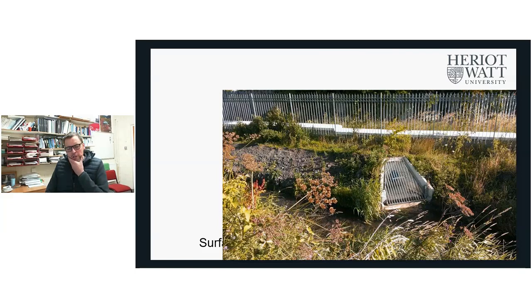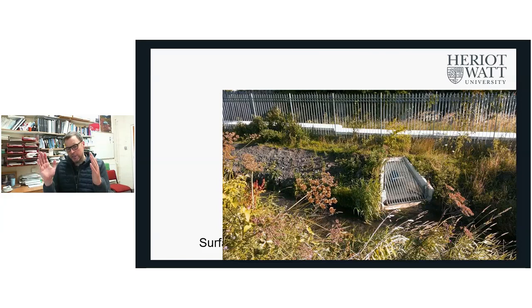So surface water discharge points look like this. This one is on the Braid Burn in Edinburgh, and you can see there's a grating there, and behind the grating is the outlet. The outlet itself has got a non-return valve on it, which might not be clear in your picture.